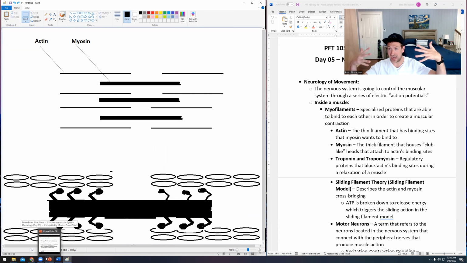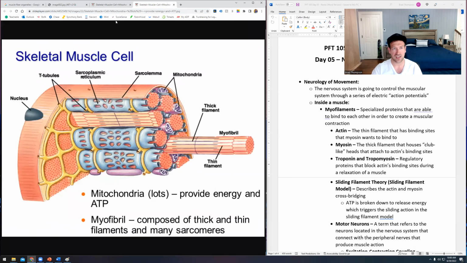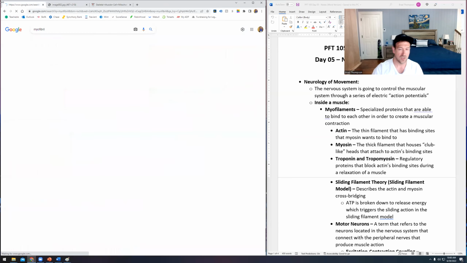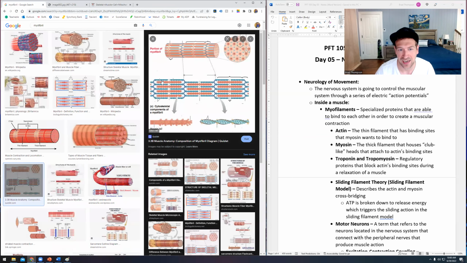That's the sliding action that's happening in the actin and the myosin, right? They're both pulling towards their center like that, and so the entire section is shortening. If you notice a myofibril, they are just a whole bunch of these things all tied end to end to end.